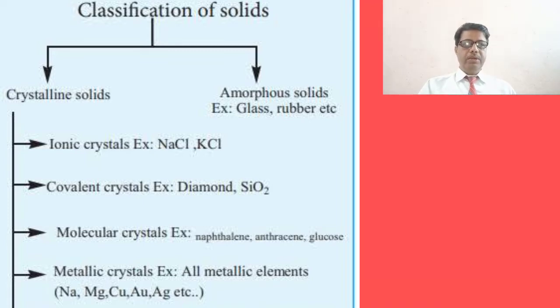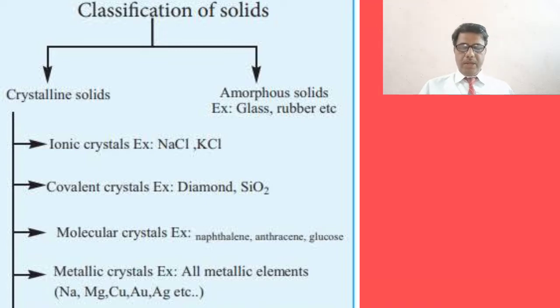Examples of ionic crystals or solids are NaCl or KCl, sodium chloride or potassium chloride. Covalent network solids include diamond, quartz, boron nitride, etc. Molecular crystals include chlorine, methane, hydrogen, etc. These substances on solidification give molecular structures.